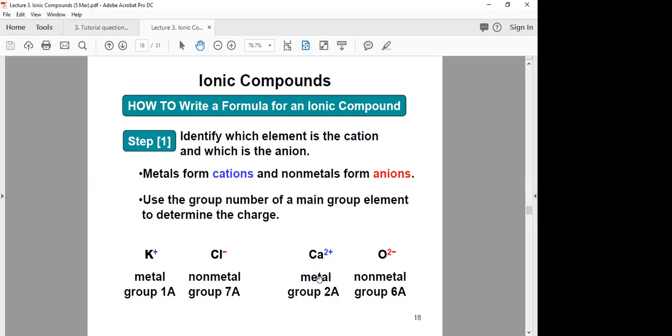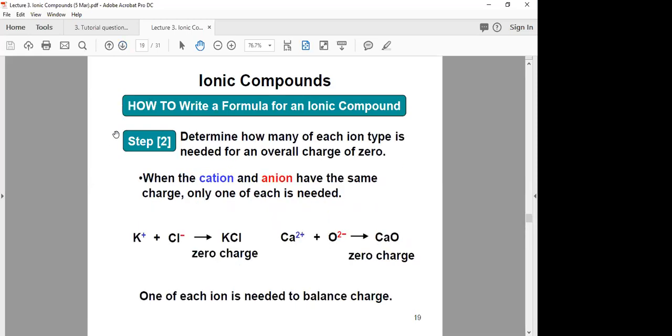Calcium is a metal, belongs to group 2A, 2+ charge. Oxygen is a non-metal found in group 6A, so it forms a 2 negative charge. Step 2, determine how many of each ion type is needed for an overall charge of 0 in the final ionic compound that's formed.